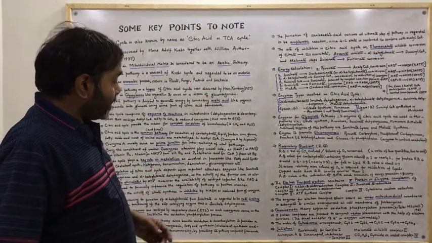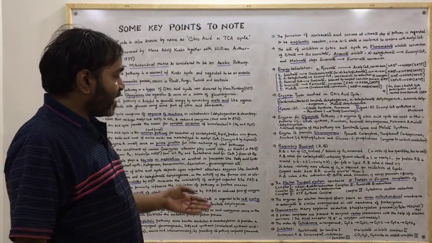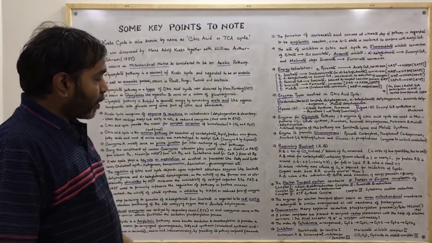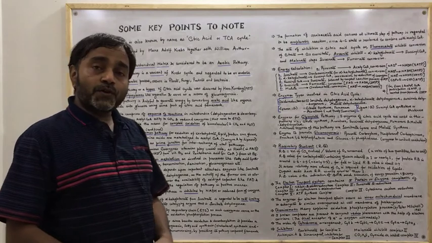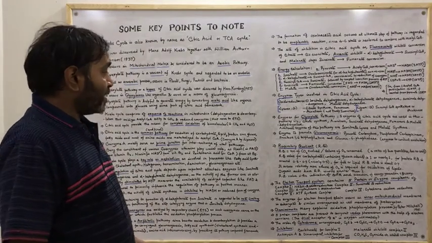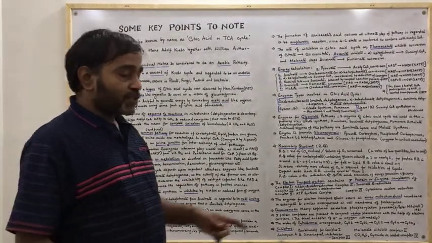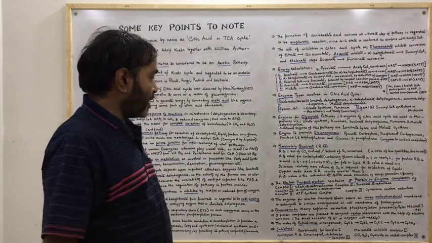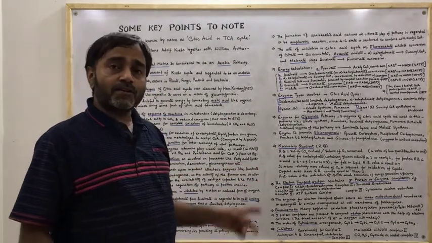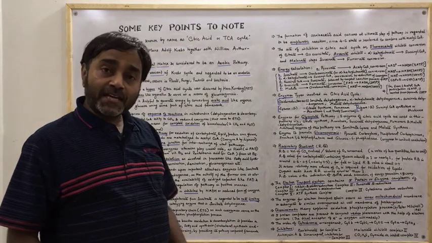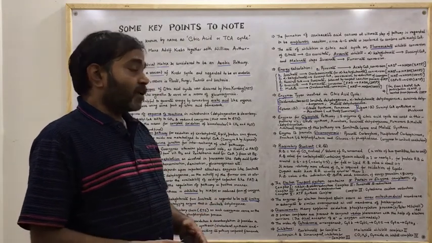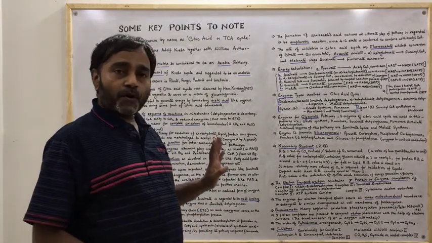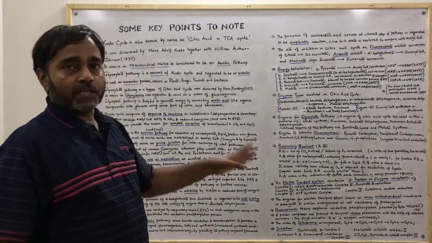Now the third inhibitors, antimycin A and dimercaprol, inhibit complex 3. And likewise carbon monoxide, CO, and H2S, that is hydrogen sulfide, and cyanide inhibit complex 4. It is also very important, so kindly note down this thing also.